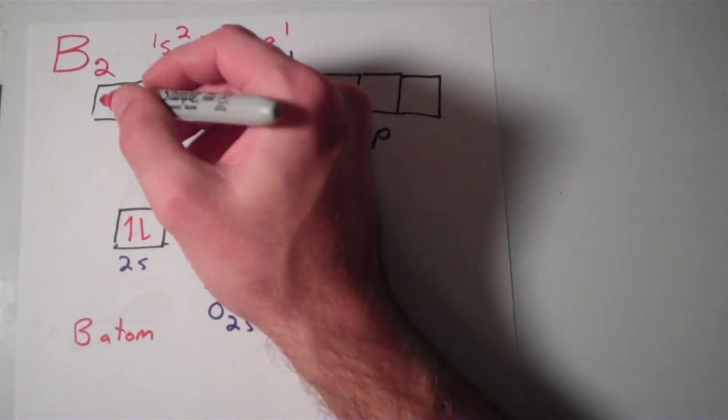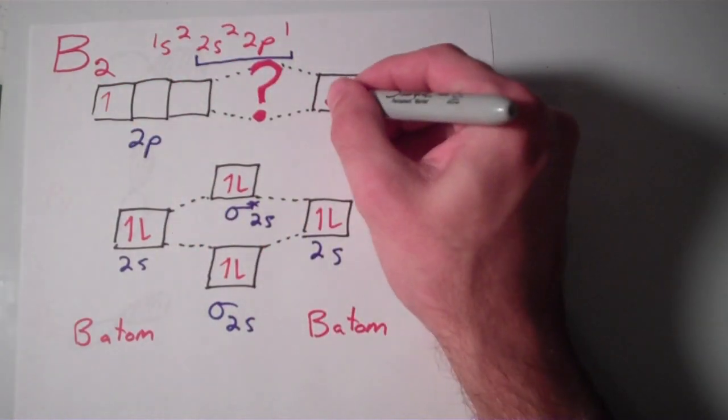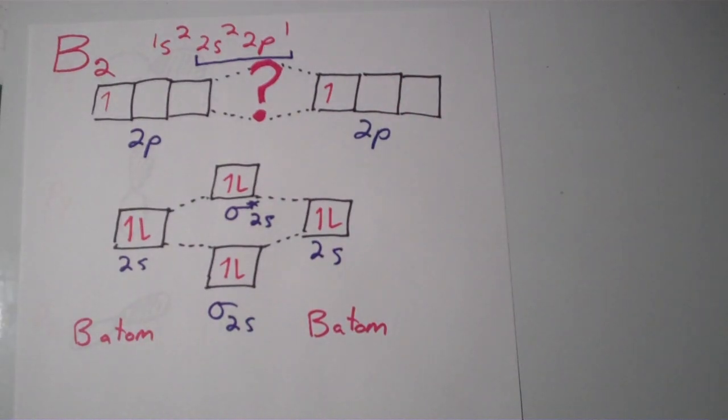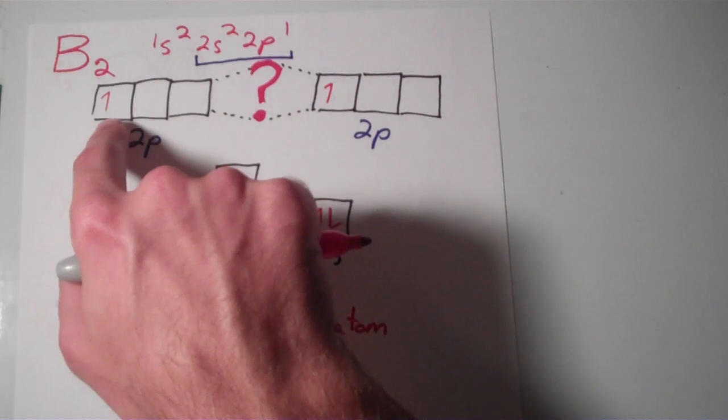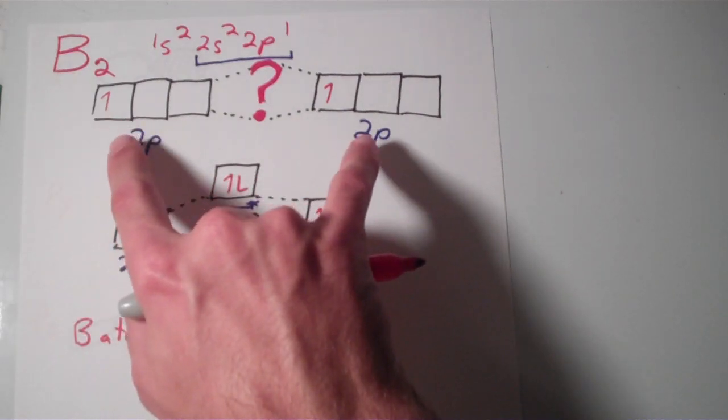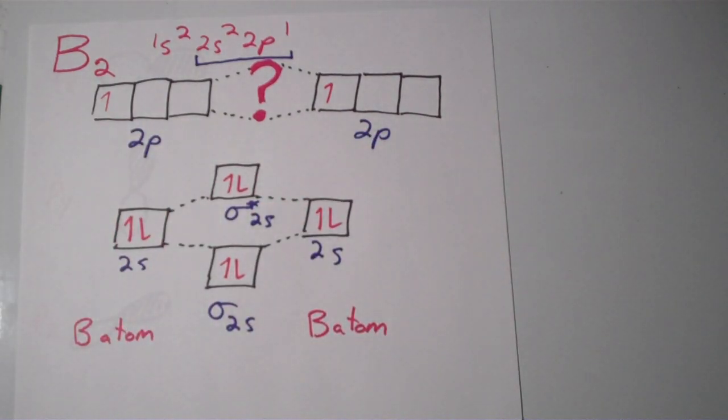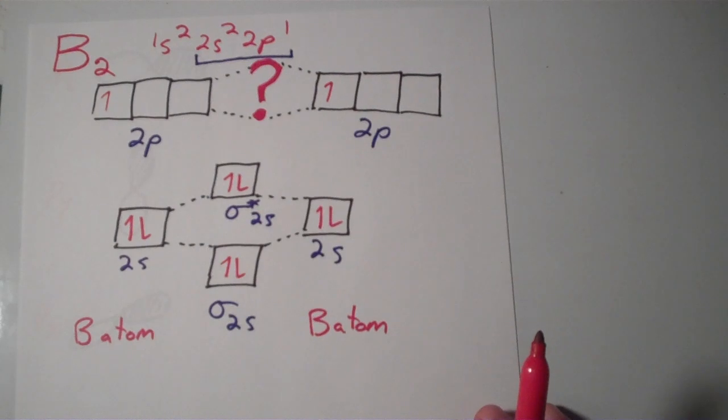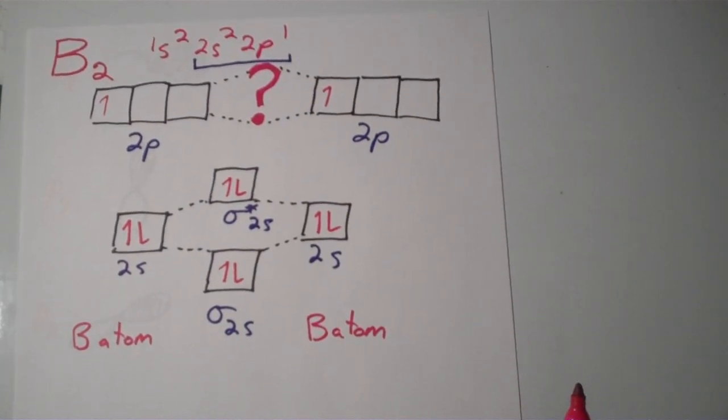But what we don't know yet is how the p orbitals combine to form molecular orbitals. We know that each of the boron atoms has one electron in its p orbitals. But the question on our minds is, how do these p orbitals combine? Is it the same or different from when the s orbitals combine?